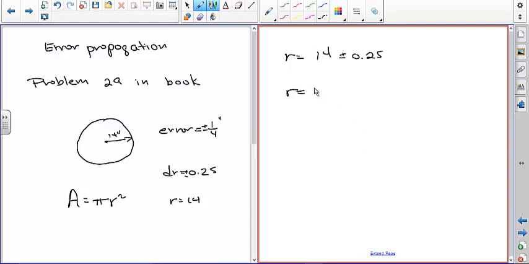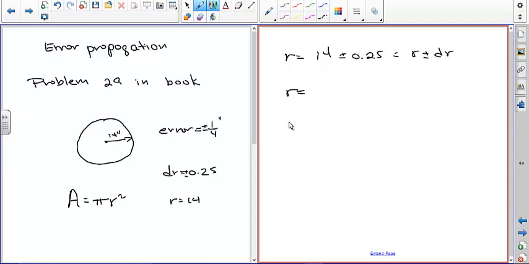And so this is kind of like r plus or minus dr. So you've got the value plus or minus this error.